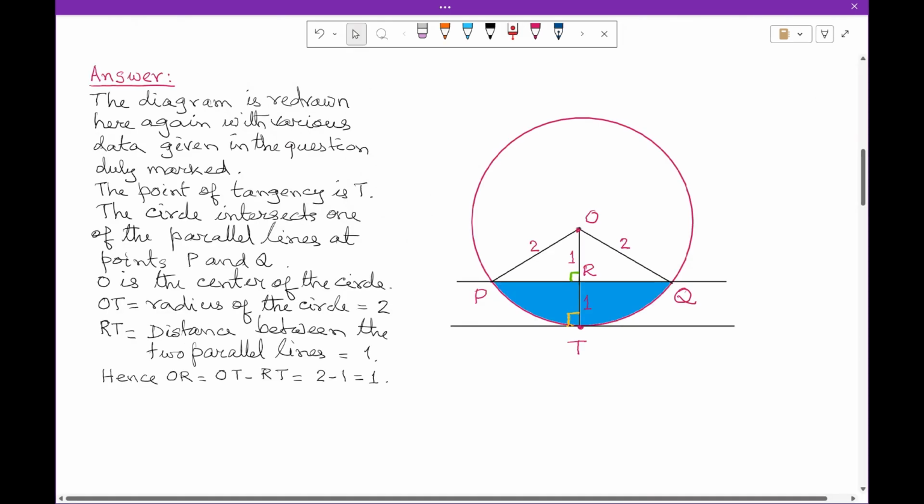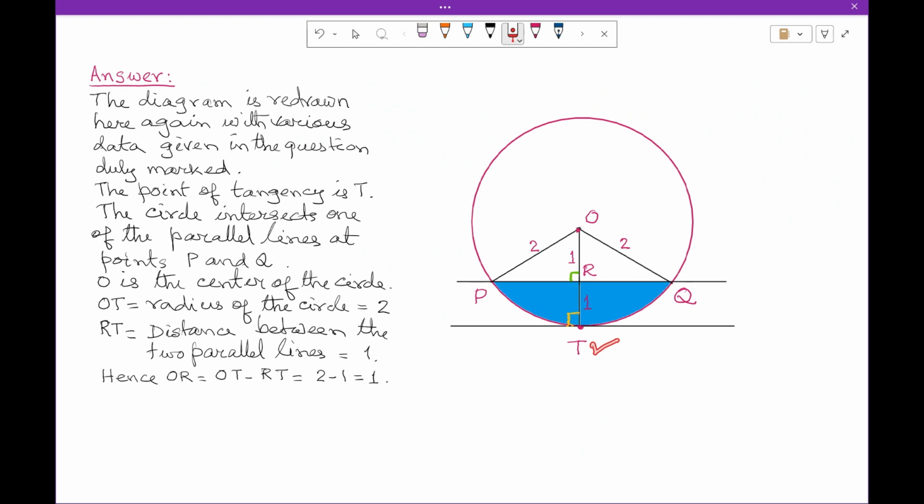The diagram is redrawn here again with various data given in the question duly marked. The point of tangency is T here. The circle intersects one of the parallel lines at point P and point Q, which are these 2 points. O is the center of the circle.